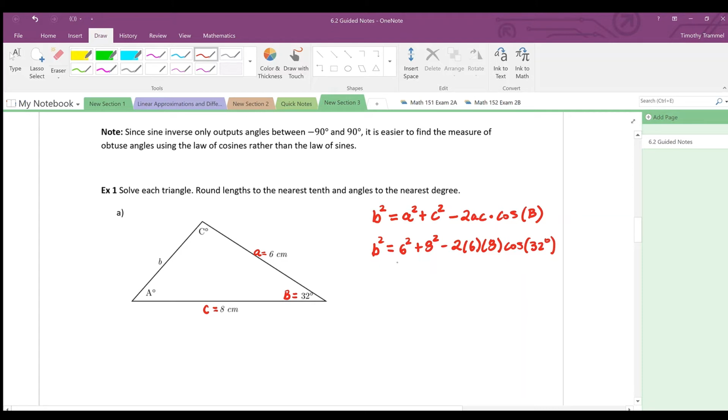And if we add this 6 squared and 8 squared here, and I'm actually also going to take the square root of each side. But if we add that 6 squared and the 8 squared, we'll get 100. And then 2 times 6 times 8, that's 96.